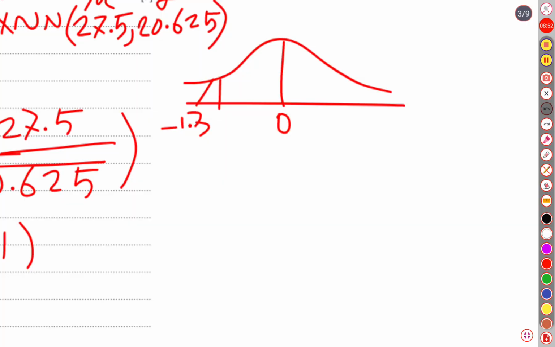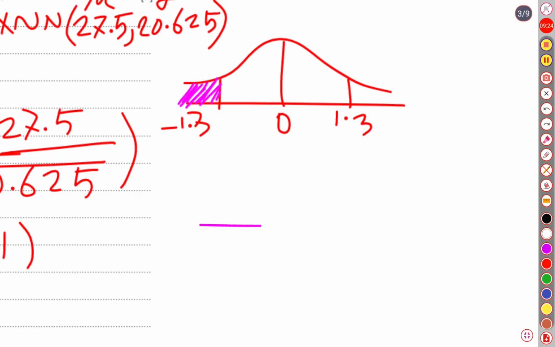Let me change the ink. Okay, suppose this is our probability. This portion is our requirement. This is the required probability. So what we can do, look at this, as the normal distribution graph is symmetrical, from the mean line it will be 1.3, exactly the same.